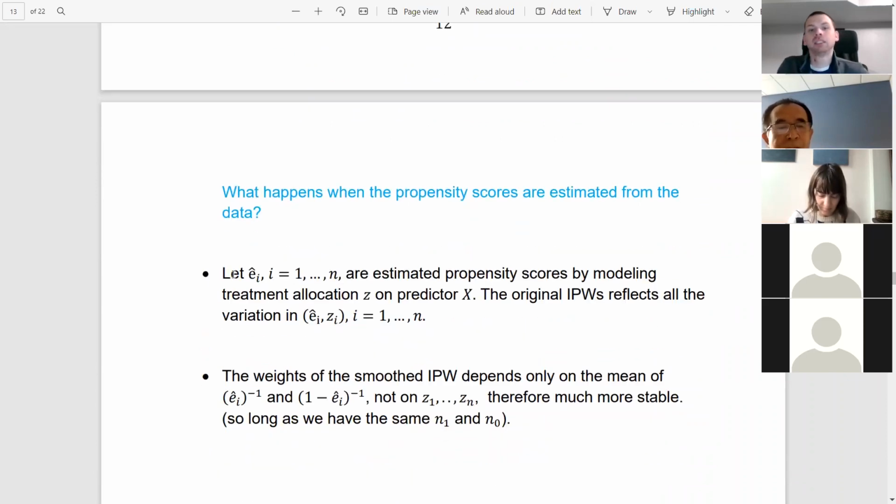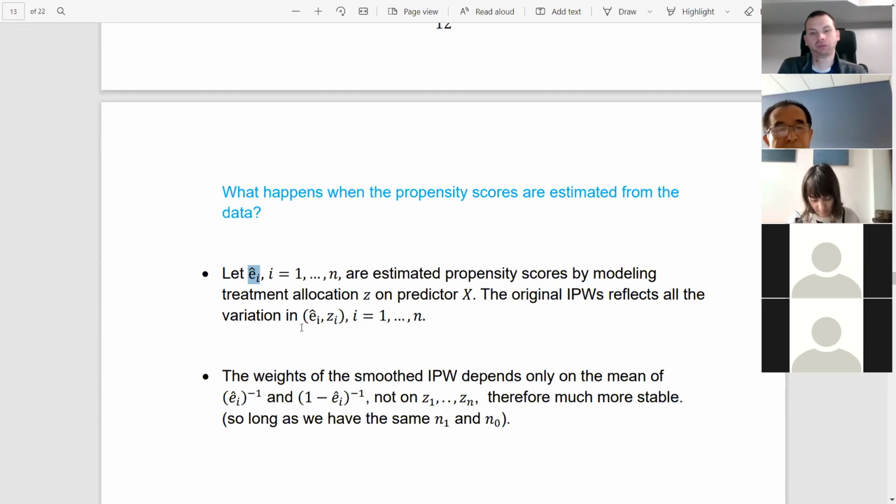So in practice you just replace that by the estimates. This tries to show that the original propensity score depends totally on these individual estimates of the propensity score. But if we use this weighted or smoothed propensity score, then it only depends on their mean.